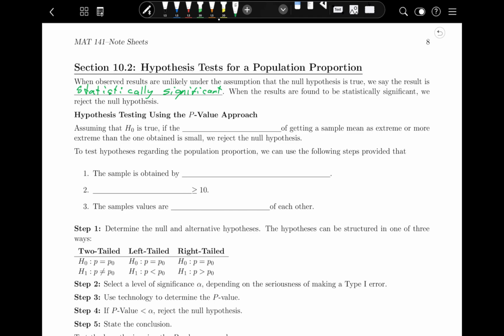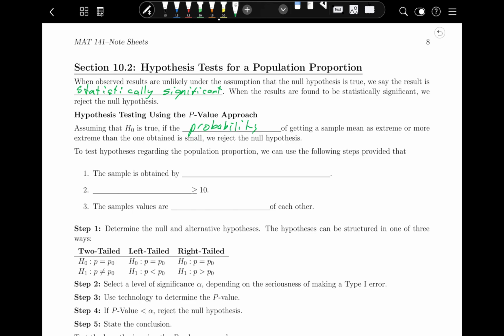So there are a few different approaches you can take for hypothesis testing, but far and away the most common one is what's called the p-value approach. And so for this class, we're going to focus on that one. I think it's also the easiest one to understand, which is a happy plus that goes along with that. So assuming that H0 is true, if the probability of getting a sample mean as extreme or more extreme than the one obtained is small, we can reject the null hypothesis.